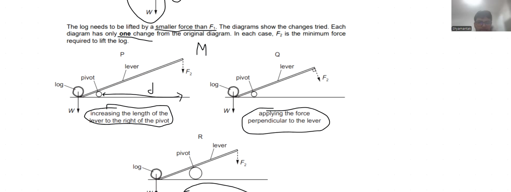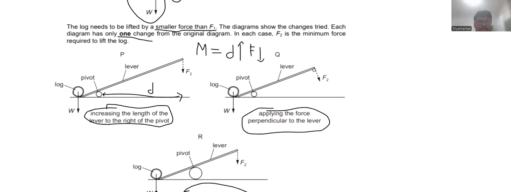And if I increase D, it's the product of force times perpendicular distance. I can basically decrease my F, because if you increase both, the total moment is going to increase, which we don't need to do. We just need to keep it same.